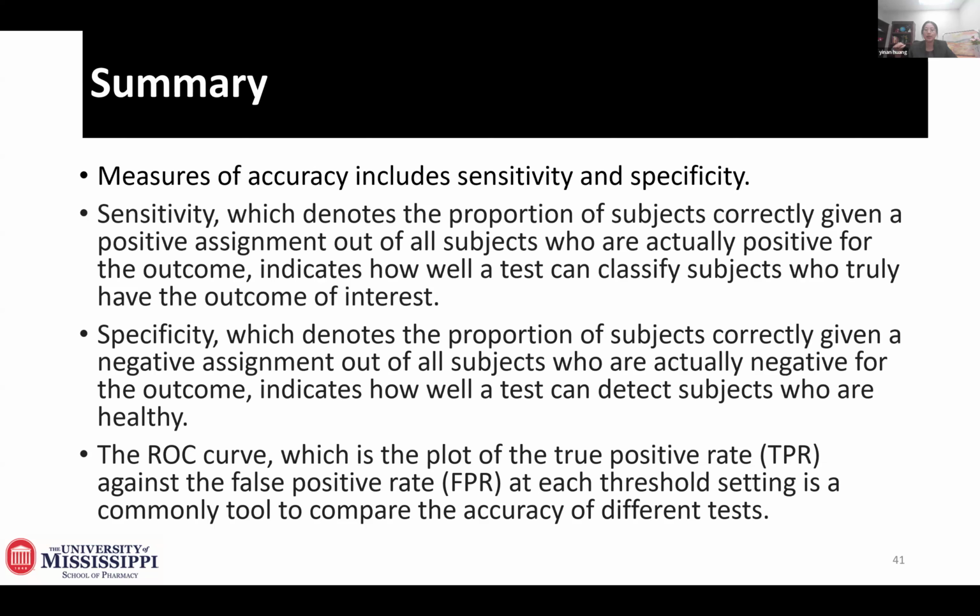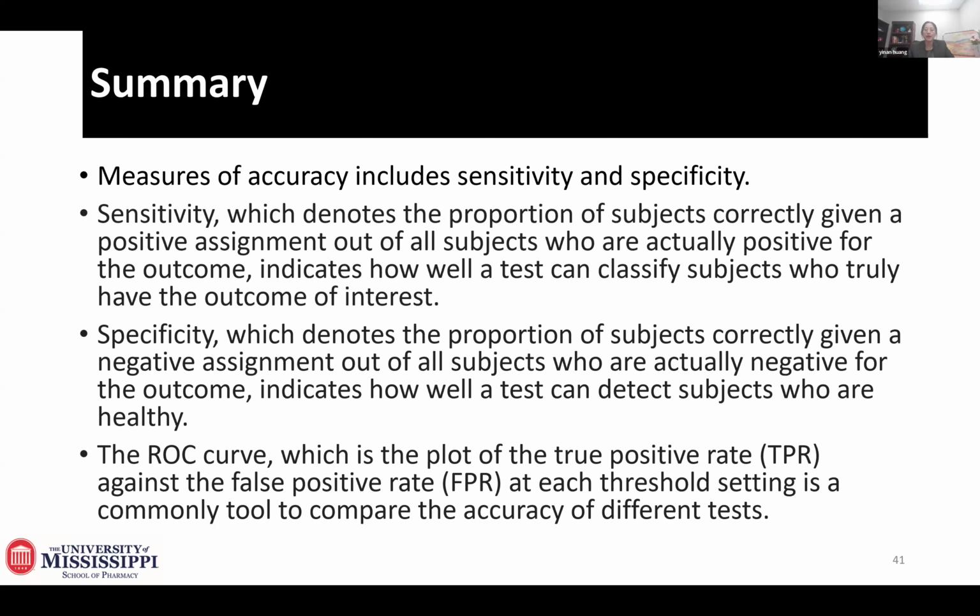Specificity denotes how specific the test is in detecting the disease-free or healthy people among those who are healthy. So sensitivity equals the true positive divided by the true positive plus false negative. And specificity equals the true negative divided by true negative plus false positive. So please go back to the 2x2 table to help you visually memorize this concept.